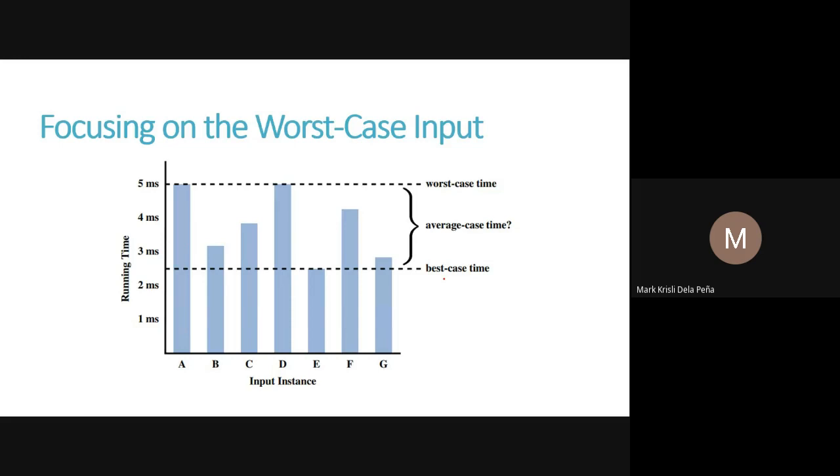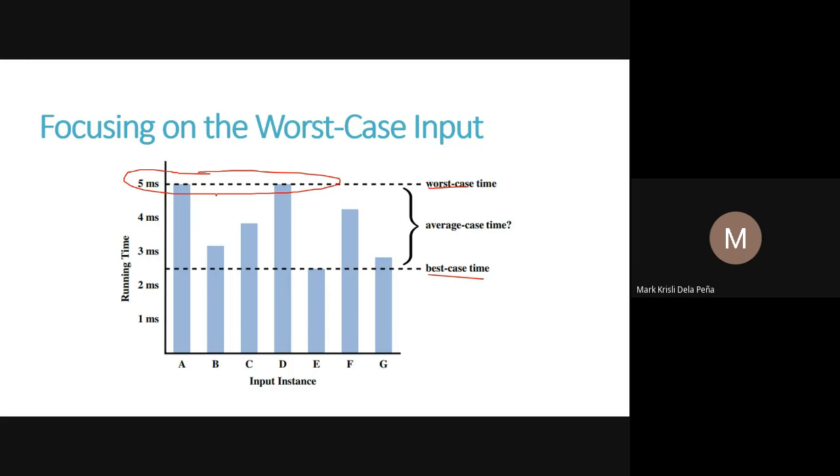So the smallest value would be our best case, while the largest would be our worst case. In algorithm analysis, we will focus on the worst case scenario so that we can implement a better algorithm, so that ideally we can get the log n growth rate function.